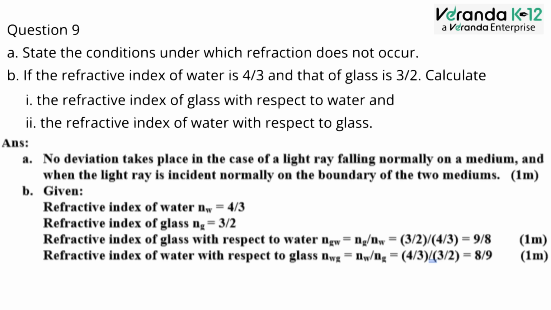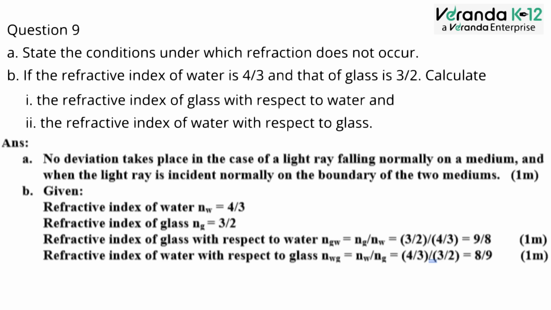Solution. Subdivision A. The conditions under which refraction does not occur are: no deviation takes place in case of a light ray falling normally on a medium, and when the light ray is incident normally on the boundary of two mediums.